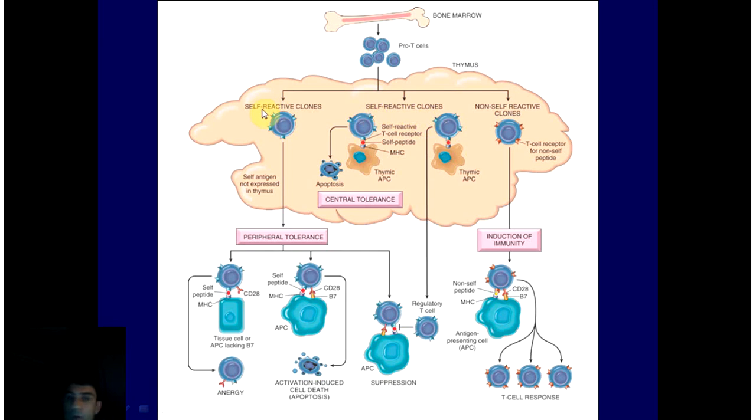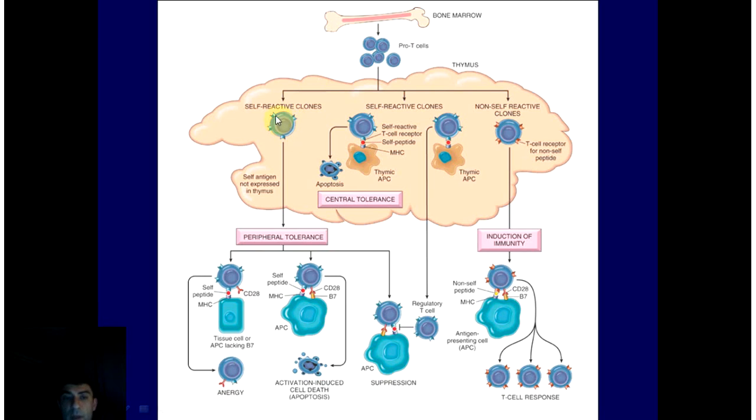While those which do not express self-reactive clones will be important in normal immunity later on. Unfortunately, or fortunately, not all antigens can be shown in the thymus. Especially there are some antigens which are not present in the thymus, or they are in immunoprivileged organs like the nervous system, the eye tissue, the gonads. So it means that central tolerance cannot be responsible for all tolerance.